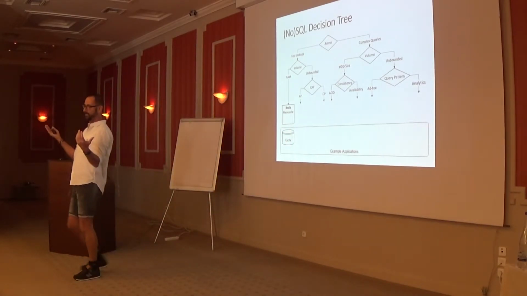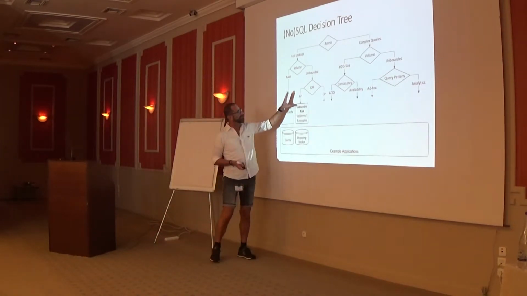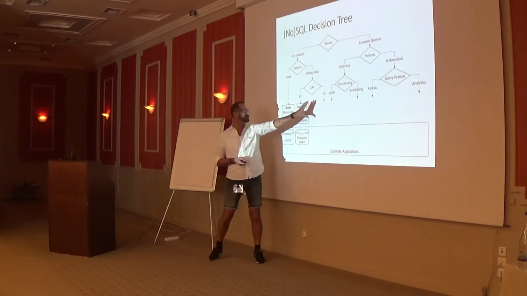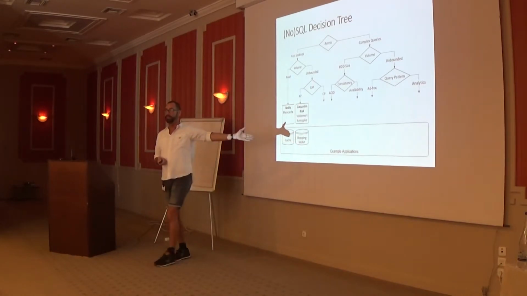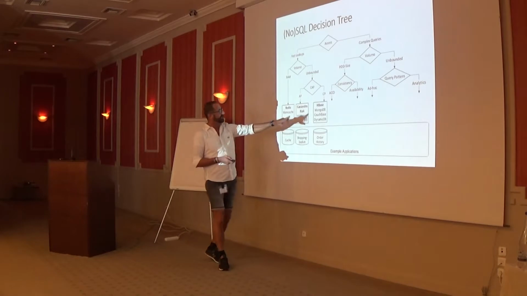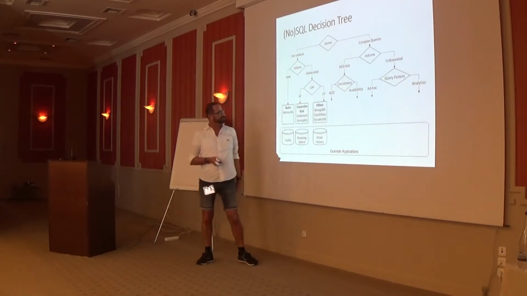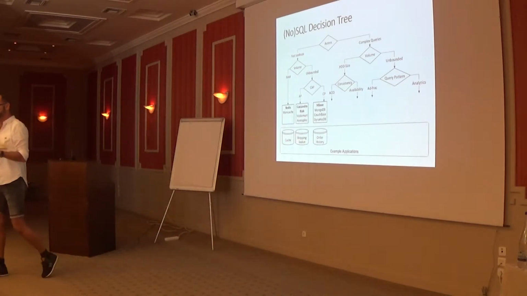So if you favor availability over strong consistency, if strong consistency is not a fixed requirement for your application, then we recommend using one of these, for example, for shopping basket applications. If you have the requirement of strong consistency, then go for these systems because they are able to provide that.